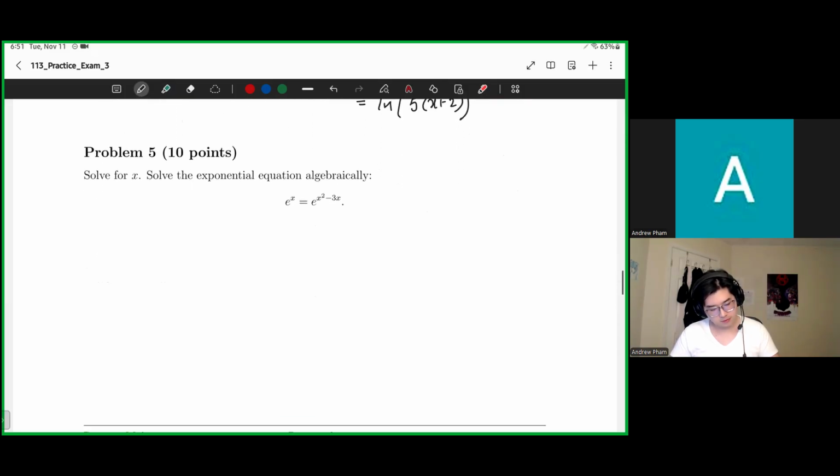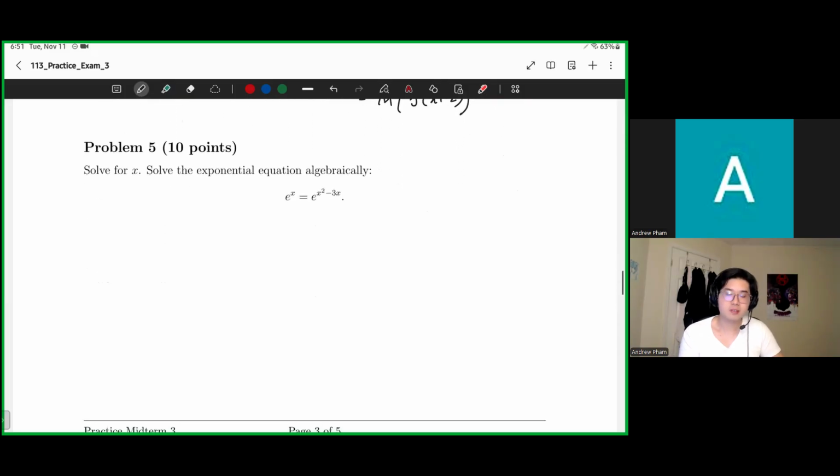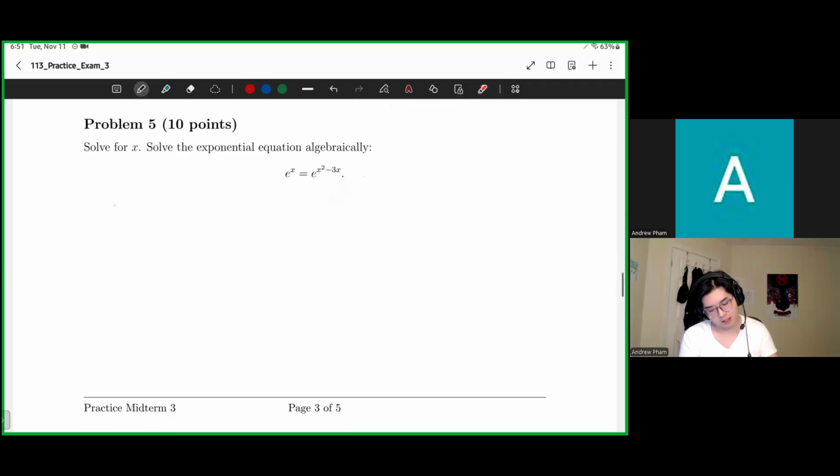All right, 5. I want to solve for x immediately. Same base means I need to set the exponents equal to each other. So this problem really degenerates down to a quadratic, and we know how to solve these, so we'll go really quickly. X squared minus 3x, or minus 2x.